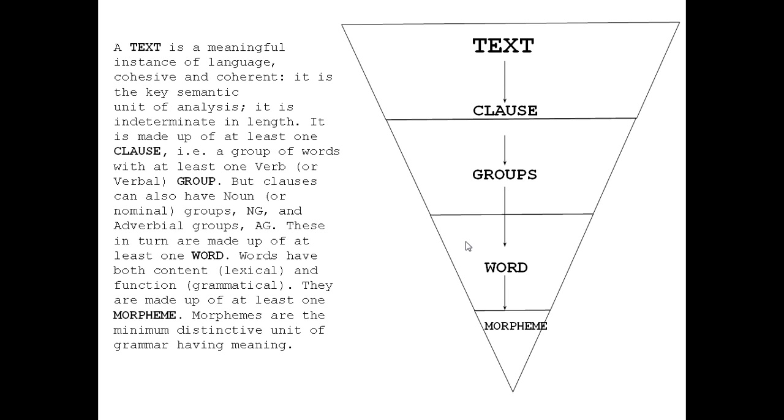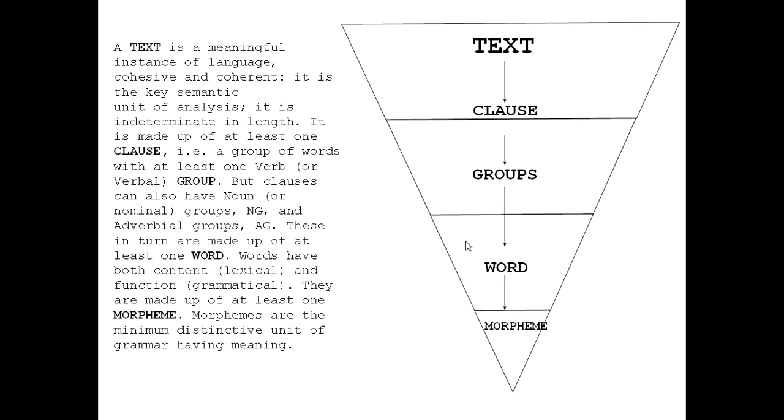For example, in the nominal group I've just made up for you, a beautiful car, beautiful and car would be lexical words. The article would be a grammatical word, because if you look at it alone, it doesn't carry any meaning of its own. Its meaning is grammatical, and it serves to keep together the group. We'll see this anyway.